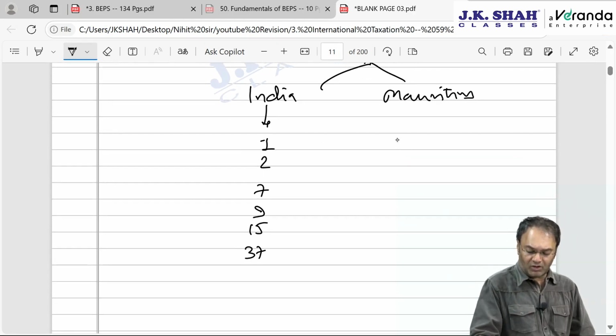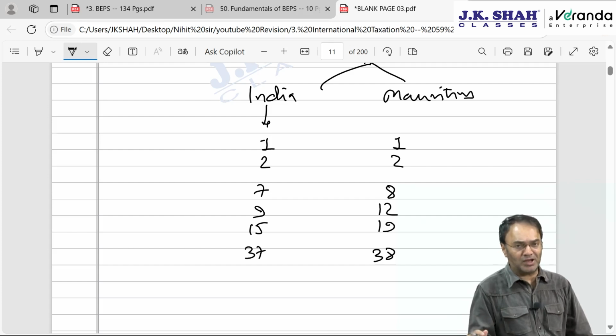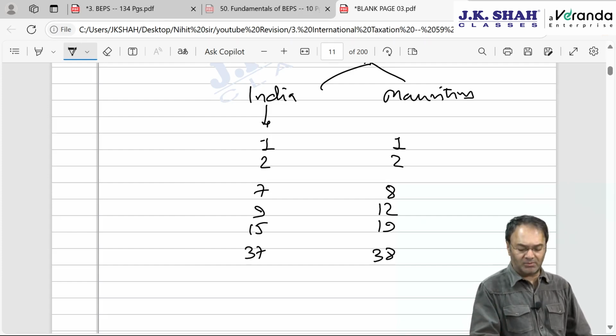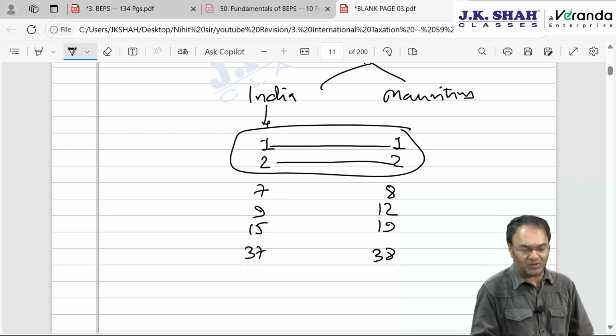Mauritius opted for clause 1, clause 2, clause 8, clause 12, clause 19, clause 38. Whatever is commonly opted in will be deemed to meet the compatibility test. Only 1 and 2 are common between both of them. The remaining clauses will not be applied because only one of the countries has opted in.